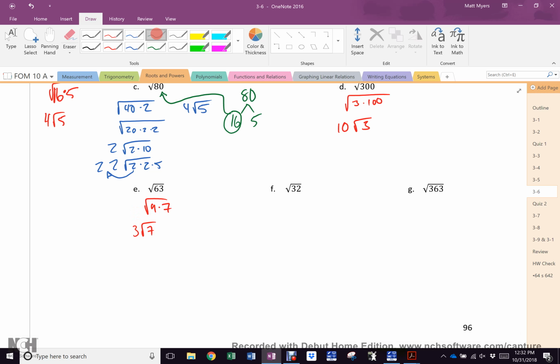So some people in the class would have been either doing the blue method or the green method. If they did the green method, almost all of you would go 9 times 7, because that's the one you're comfortable with, because it's in the 1 to 12s, right? And you could stop right there, because that's a perfect square. Square root of 9, 3. And that 7 is prime, so we would have stopped there anyway. Everybody good? Great. Try 32.